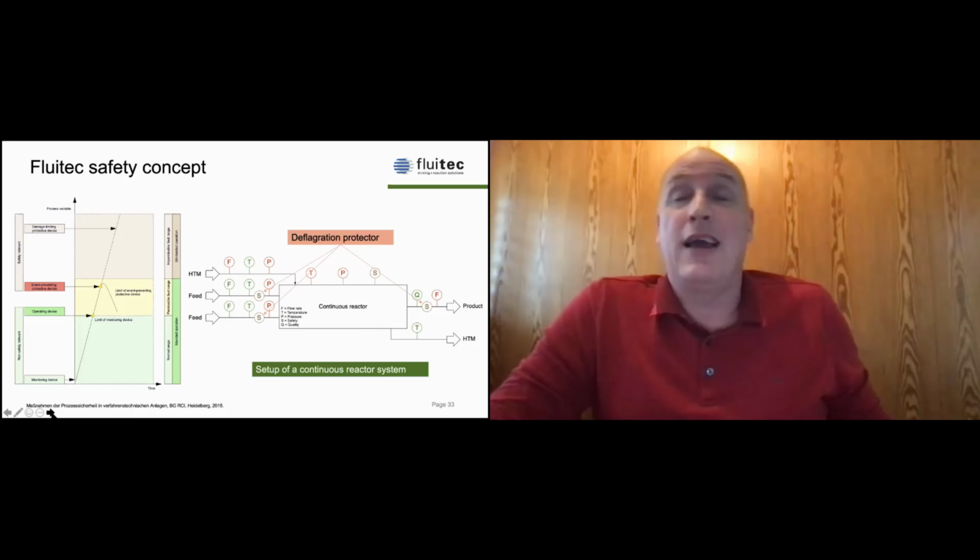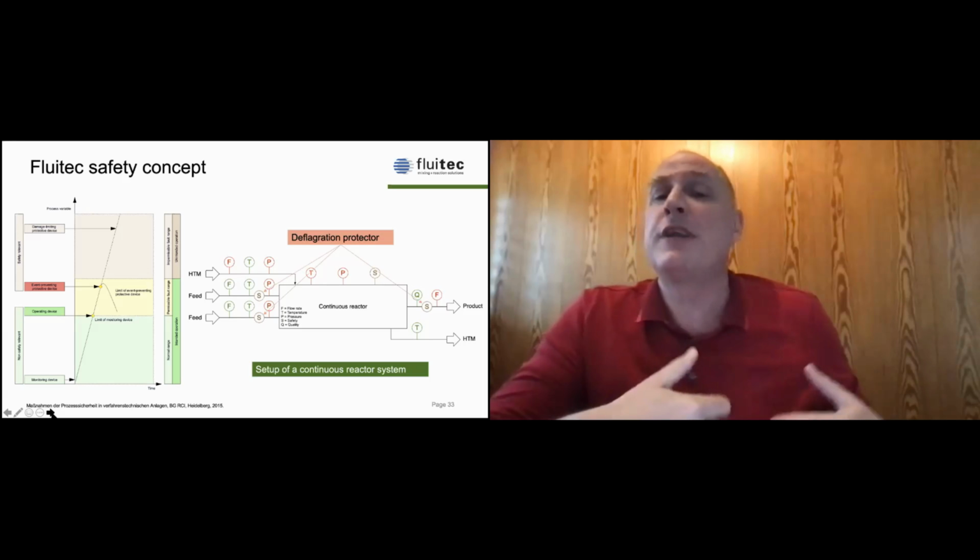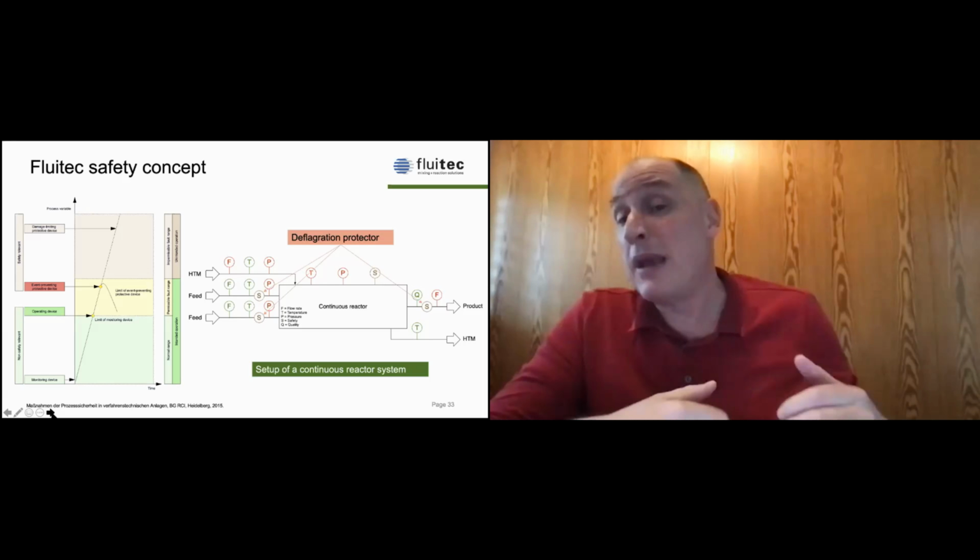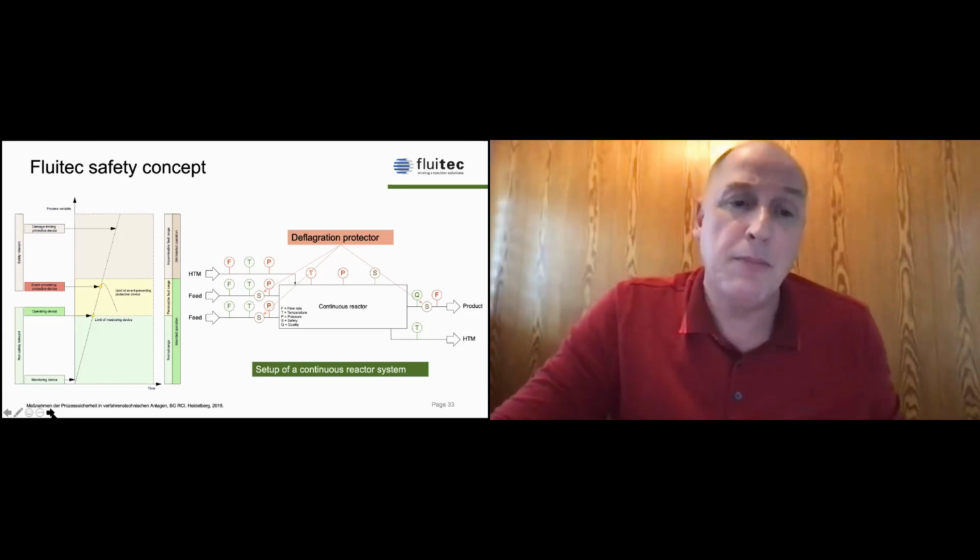We realized a deflagration protector which can handle runaway scenarios in different ways: thermal runaways based on gas, and thermal runaways based on pressure and steam. And what is the key technology of Fluitec for handling a continuous reaction quite safely? We call it the Fluitec Safety Purge System.